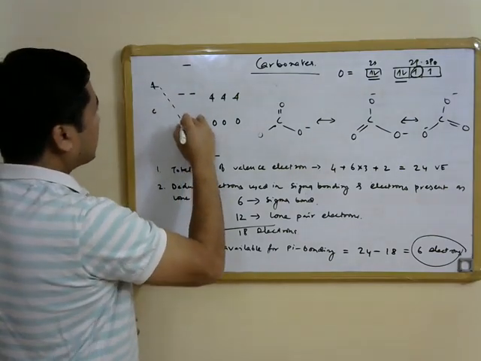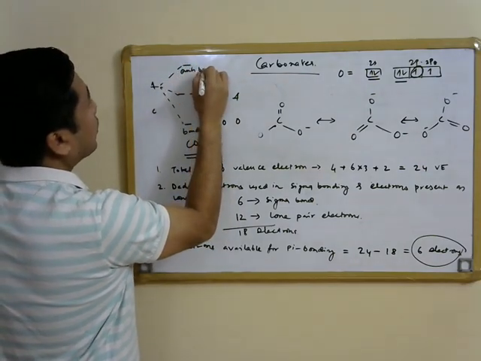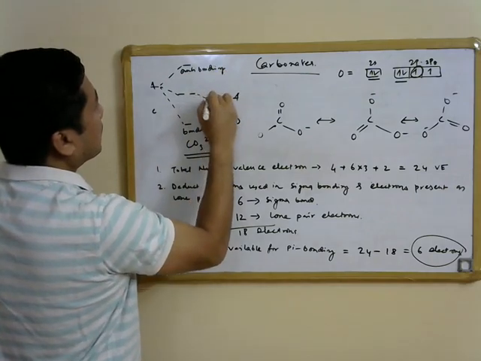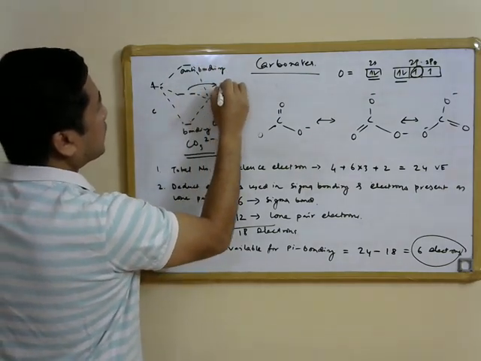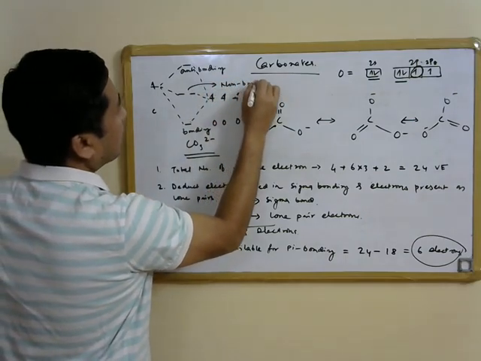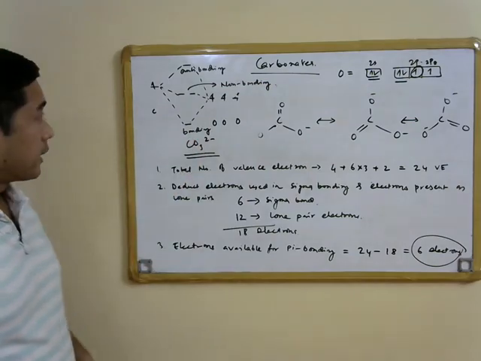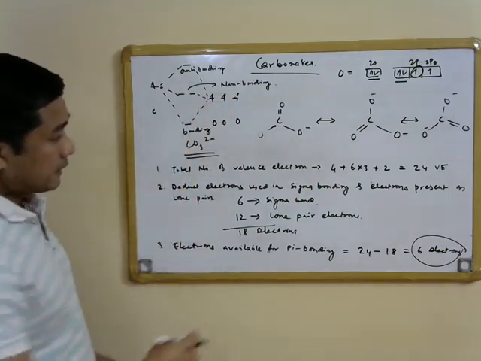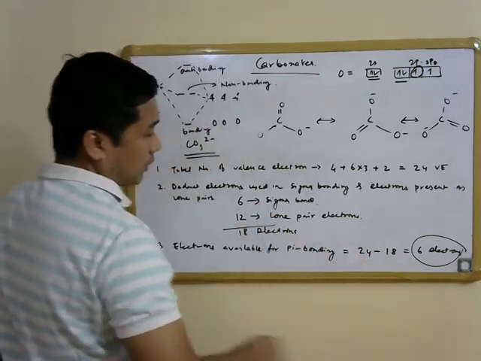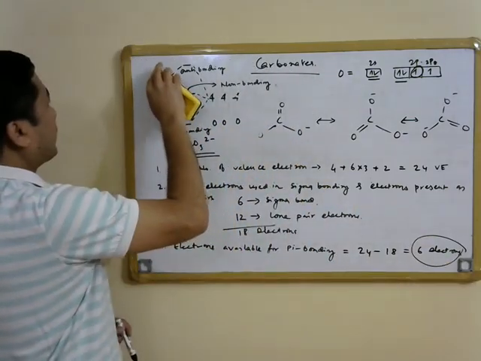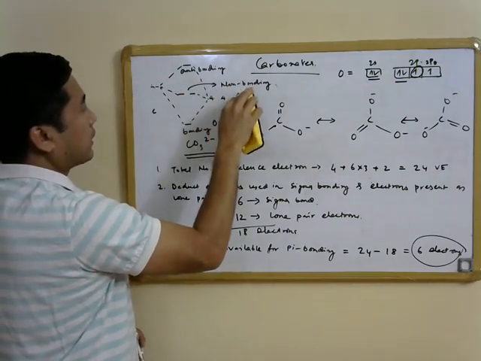So this is bonding, this is anti-bonding, and this is non-bonding. So we have a total of 4 molecular orbitals, and there are a total of 6 electrons available for pi bonding. Sorry, we do not have 4 electrons, we have a total of 6 electrons, so we should not write electrons in this way here.